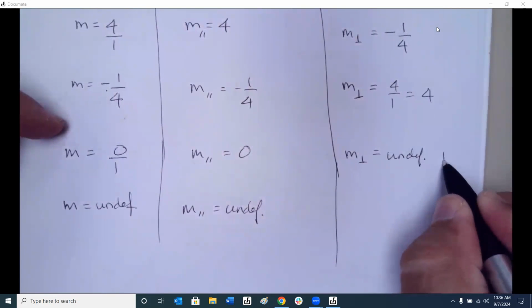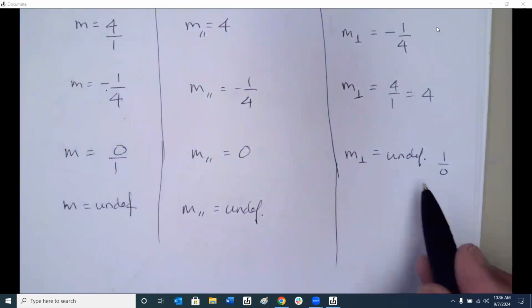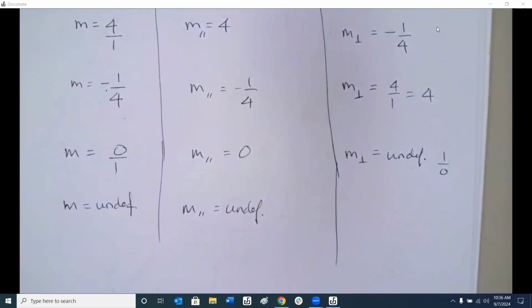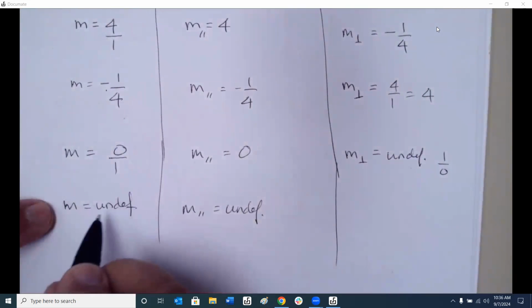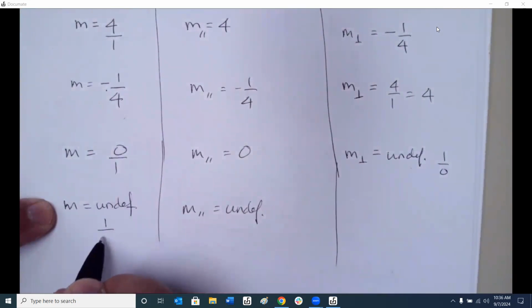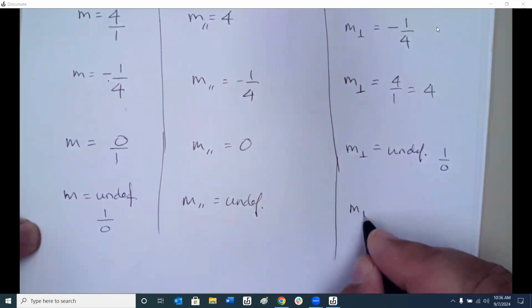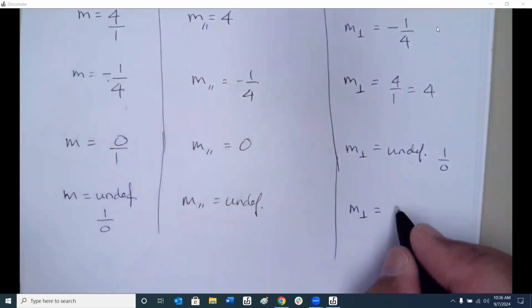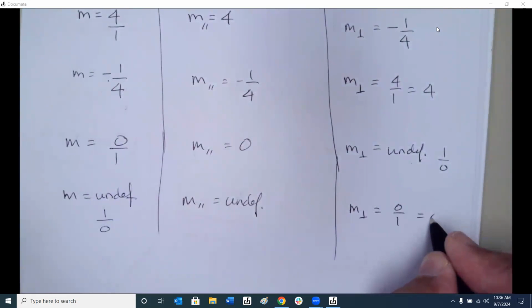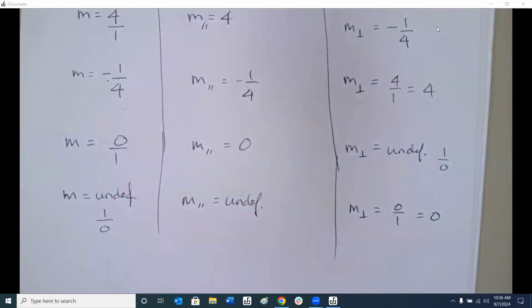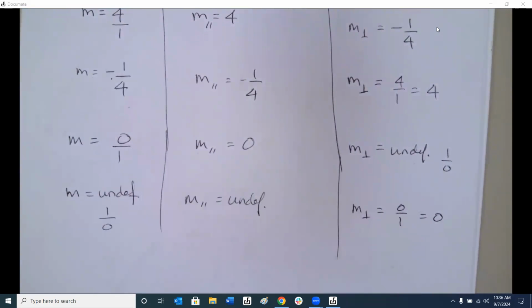So I get 1/0, which is undefined. If it's undefined, that means I have 0 on the bottom. That means my perpendicular line has to be the flip of that, which is 0. In other words, horizontal lines and vertical lines are perpendicular to each other, which is the X and Y axis.